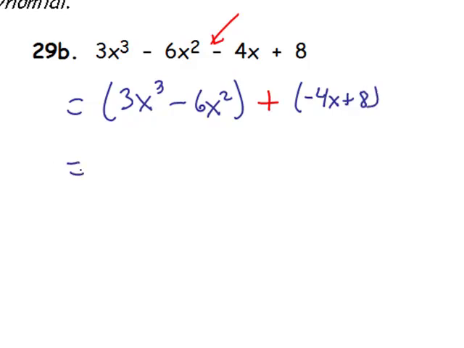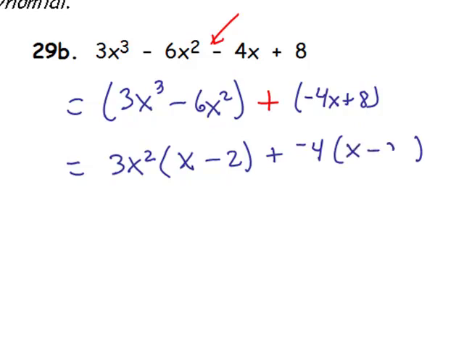From the first grouping, I'm going to factor out 3x squared. Left with x minus 2 plus, out of the second grouping, I'm going to factor not just 4, but negative 4. And that's because the lead term is negative. And when I factor out negative 4 from that, I get x minus 2.